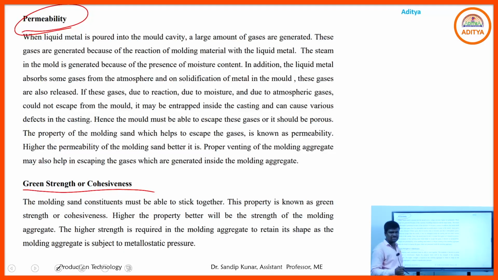Means clay, some extra parts, some binding materials, that is the moisture or clay will be present in the molding sand. That helps to bind the molding sand properly in the casting process, and the strength will be present in the green strength condition.